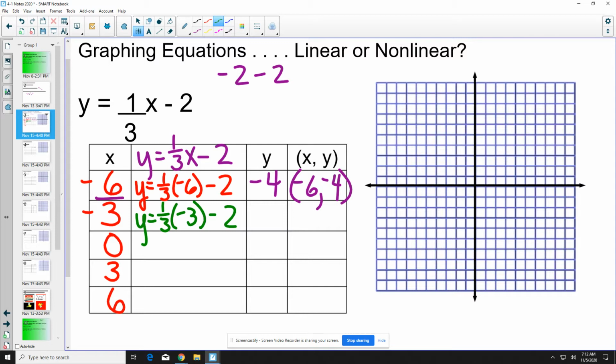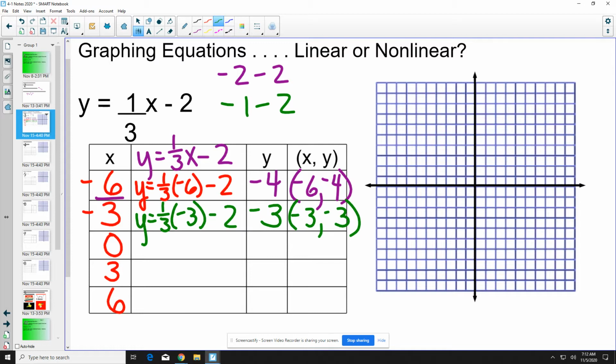A negative times a positive is a negative. I'm going to have a -1 minus 2. Are they the same or different? They're the same. Do I add or subtract? I add to get -3. So my next point, my x value was -3, my y value was -3. So put in the point -3, -3.